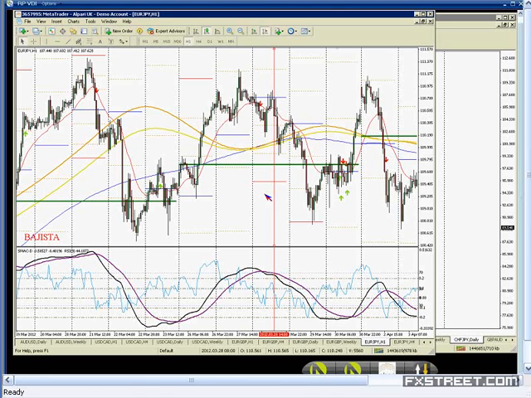If the parameters are too similar, then you may get conflicting signals. The dotted lines belong to the pivot points. They are the support and resistance levels of the daily pivot point indicator.